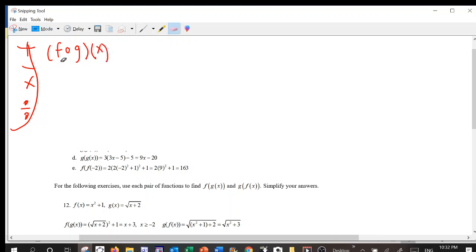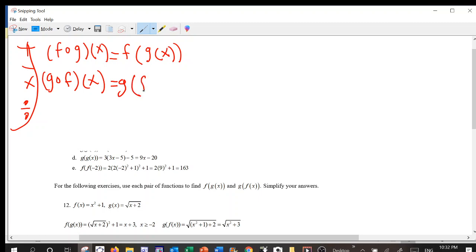So it's f compose g of x. That's how you read it. It means you take g of x and make it an input of f of x. And if you switch these, g compose f of x, it basically means take f of x and make it the input of g of x.